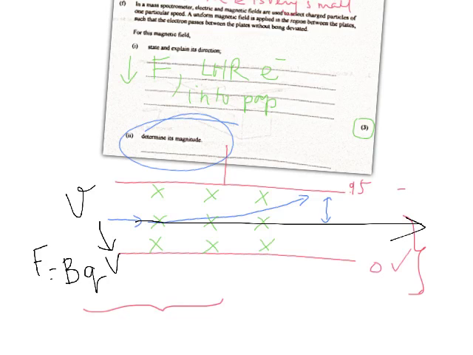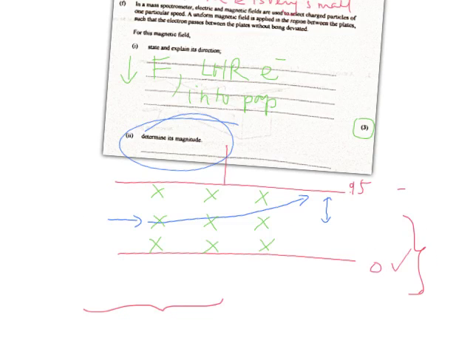So if it goes faster, this force downwards would be bigger. And so therefore the deflection would be greater in this direction, down. Then it asks, what would happen if this was a positive charge? Well, you'd have to go right back to the beginning of the question, because everything would be very different.